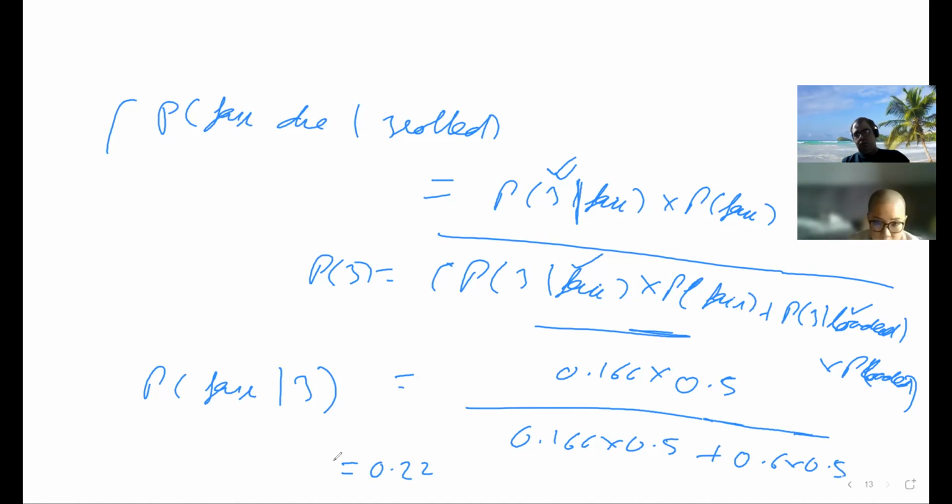So the answer you said is equal to P of fair given 3. Okay, 0.22. So here you have to understand that P3 fair and P3 loaded are prior probabilities, and this P fair 3 is a posterior probability, which is the new probability which you have to find.